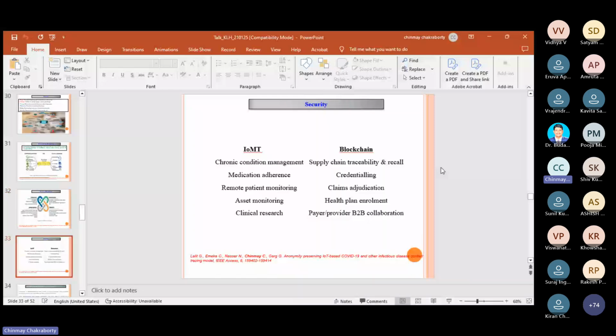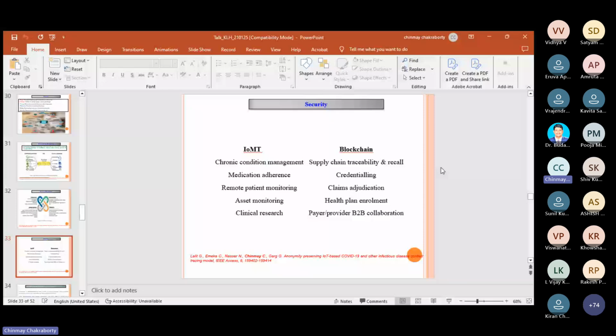So IoT and blockchain are both directly associated with telehealth systems. IoT is mainly for chronic condition management, and blockchain for supply chain traceability and recall. IoT is mainly used for medication adherence, but blockchain is used for credentialing, and it is also looking at claims adjudication. IoT concentrates on remote patient monitoring, which, as you see, telemedicine is already involved in, and asset monitoring also.